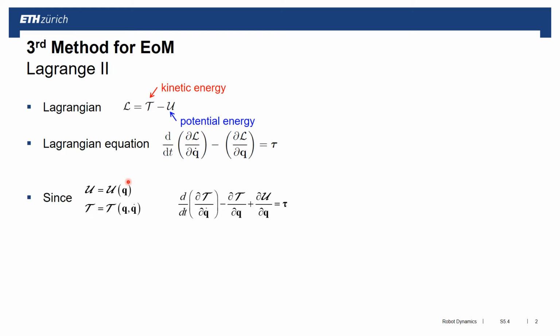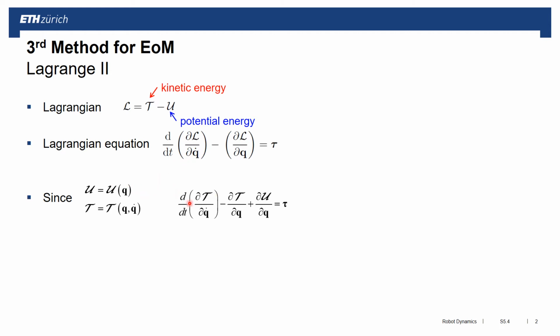Now we can additionally include the following dependencies. We know that the potential energy, U, is only a function of configuration, never depends on velocity, while the kinetic energy depends both on the configuration as well as on the velocity. So that means the partial derivative of U with respect to q dot equals 0.